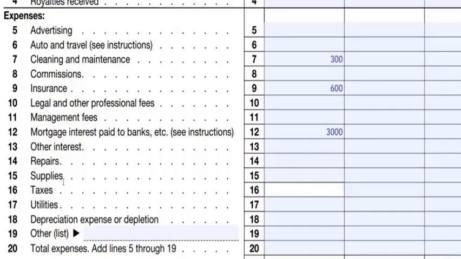Property taxes are obviously going to be there, so let's say it could be 1200, total yearly taxes. Then depreciation expense or depletion. Obviously the property will depreciate each year, right? So they might say okay, I'm going to take 1000 as the depreciation amount. The property is depreciating 1000 per year.